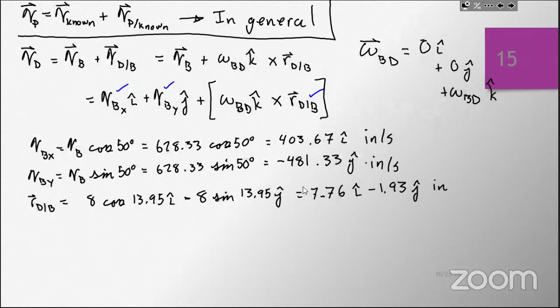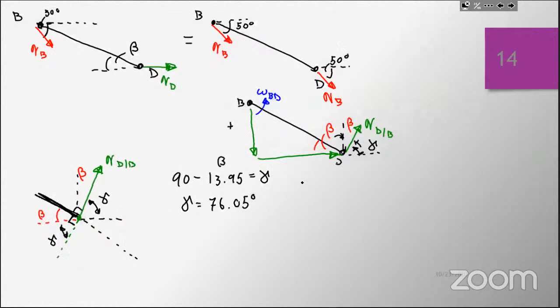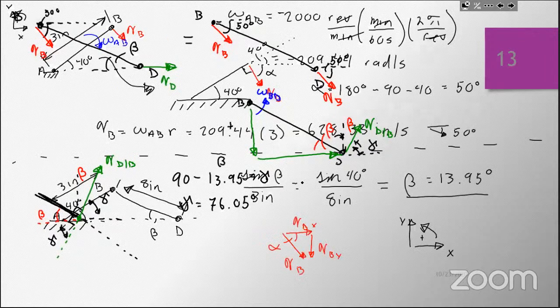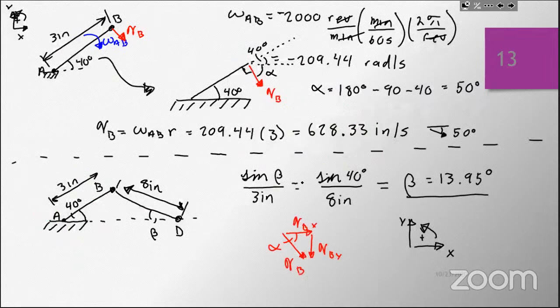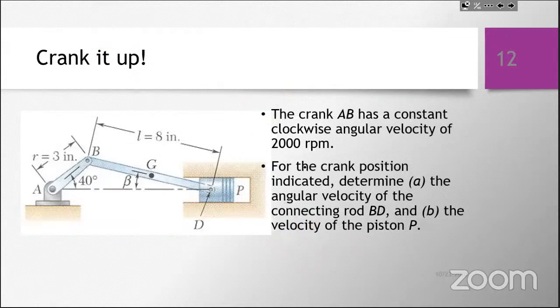Let's look at it one more time. There we go. Point D is on the piston. The piston can only move horizontally, so it will not have any vertical velocity.